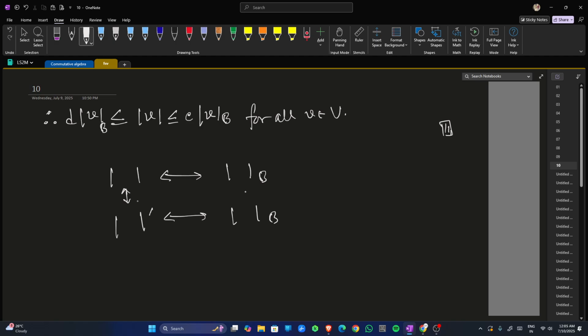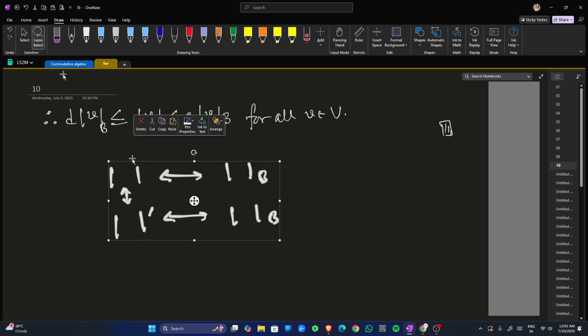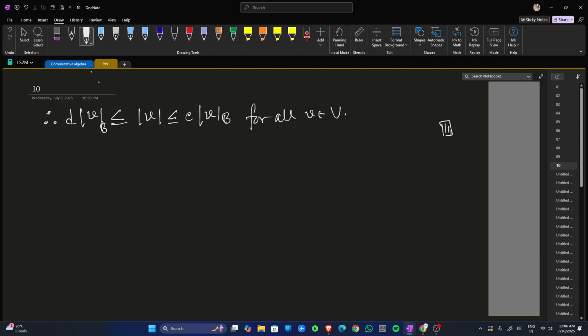If we collect all the norms on a vector space and put a relation that A is related to B if A is equivalent to B, this is an equivalence relation. So the proof is complete now.